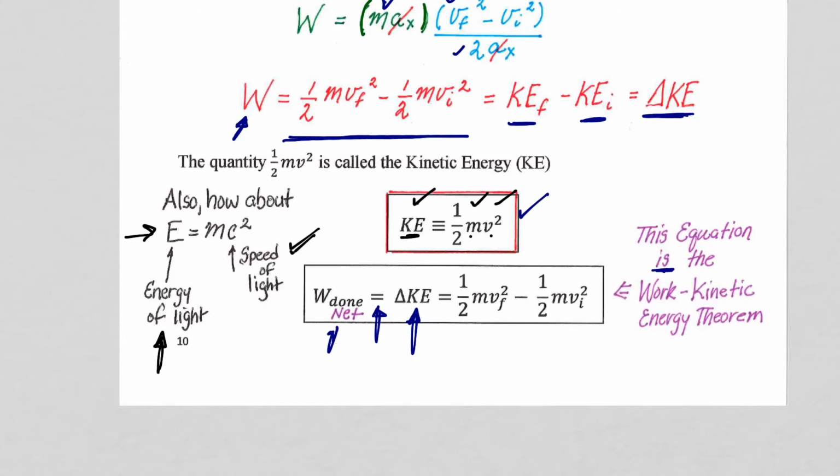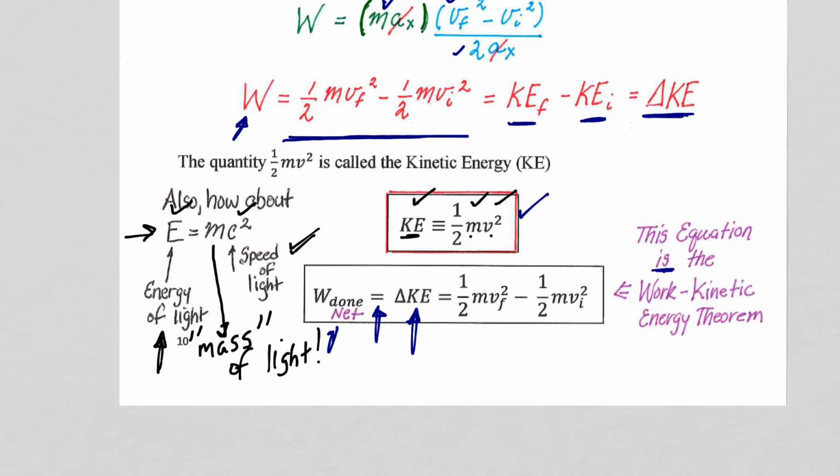But if you really want to understand why this equation is so important, it's because if E is the energy of light and C is the speed of light, what do you think M is? Well, if you said light, you are correct. So, what? Light has mass? I'm going to put it in quotes. Mass of light.